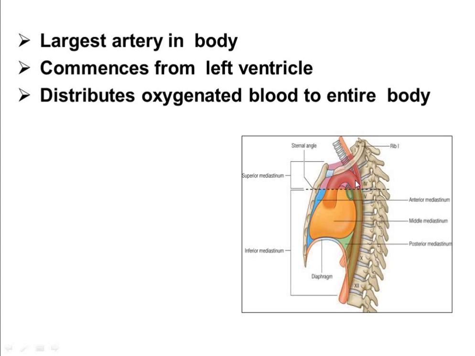Then again you see this aorta in the posterior mediastinum, which we call the descending thoracic aorta. And beyond the posterior mediastinum, it travels through an opening in the diaphragm at the level of 12th thoracic vertebra to go to the abdomen, so that it can give blood supply to the abdomen and lower limb as well.